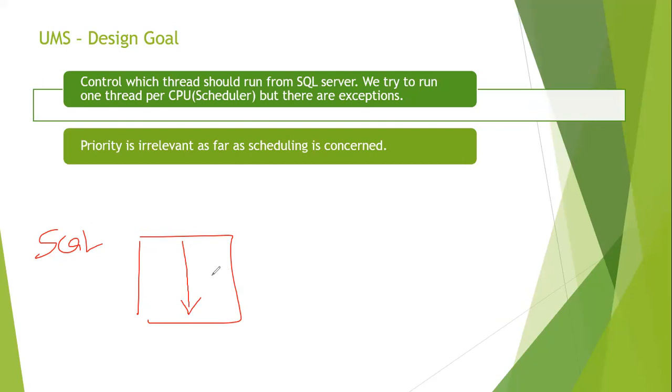All are in the same priority, with 7, so they execute within the same priority. So priority is irrelevant.